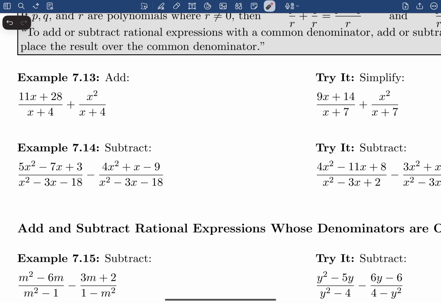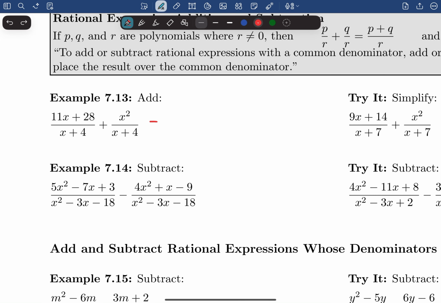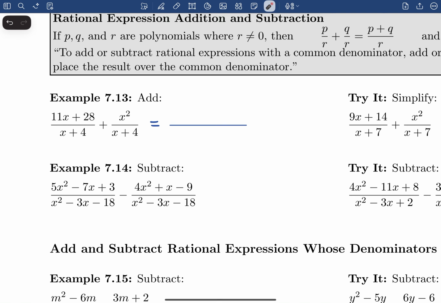So here I go, I'm jumping into example 7.13, and I see a common denominator. X plus 4 is the same as this x plus 4. They're the same denominator in these two rational expressions. And so what I'm going to do is add the numerators together. I look at the operation between the rational expressions, and there's addition between them.